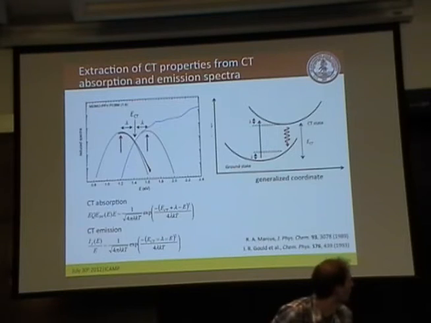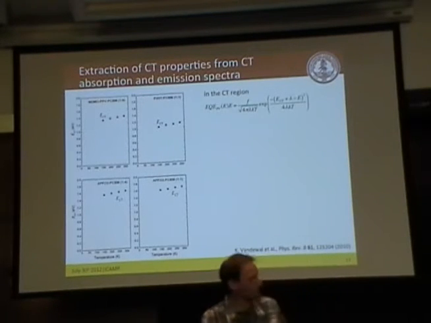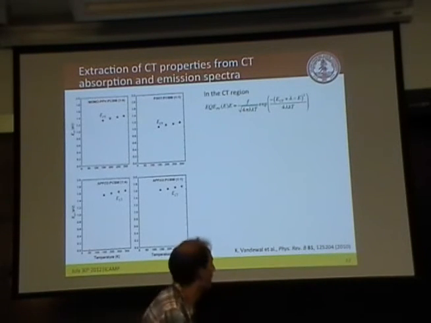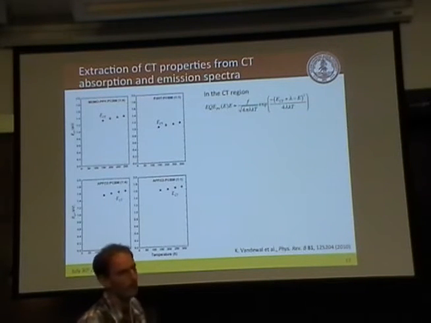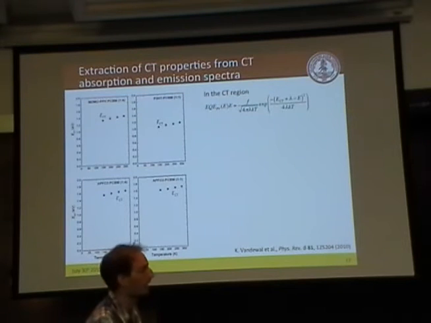How well does this work? We did it for three material systems, and in this last material system, we just varied the stoichiometry. If you add a bit less PCBM, your voltage is slightly higher, and the energy of the CT state is slightly higher. Here the temperature is varied.